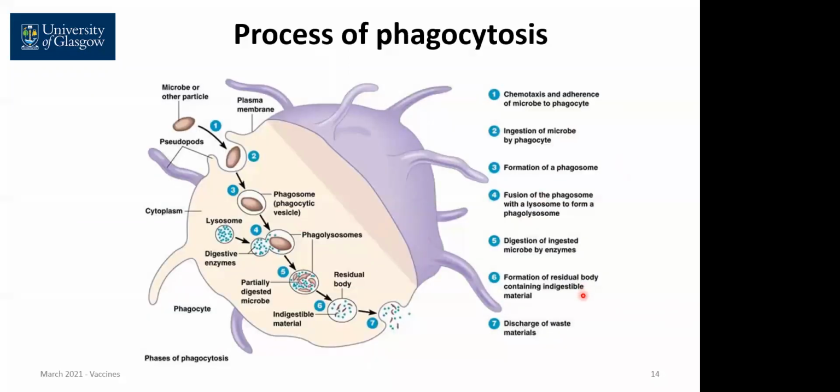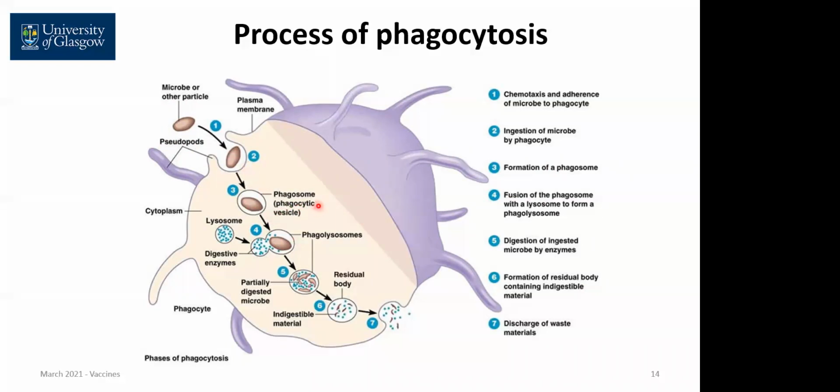So this is the process of phagocytosis. Essentially, a microbe, or components of a microbe, will be engulfed, phagocytosed, by a dendritic cell or a macrophage, the umbrella term for which is an antigen presenting cell. They will process these microbes and antigens by degrading them intracellularly.